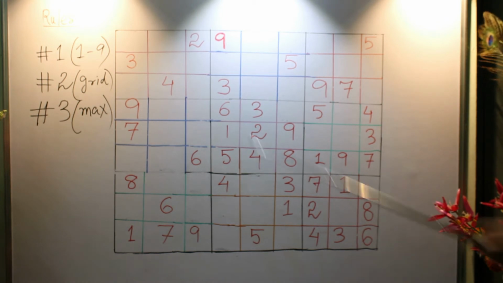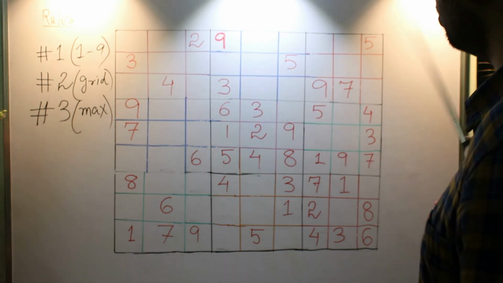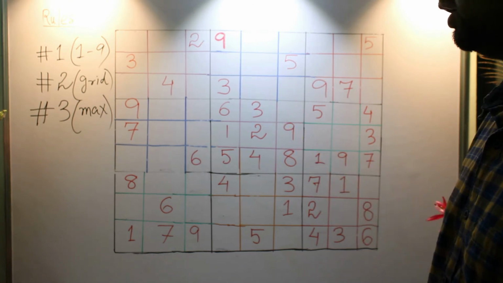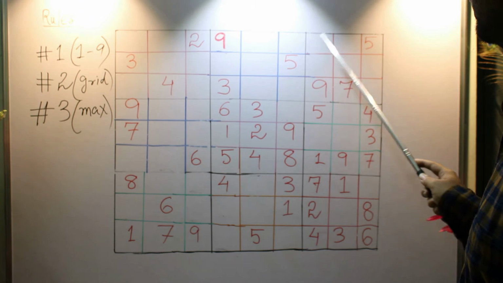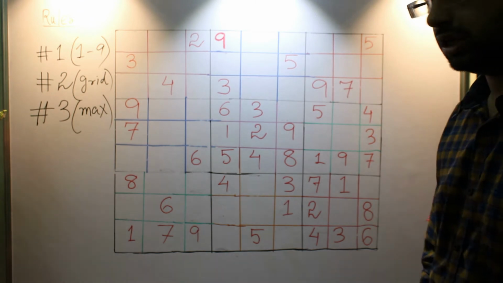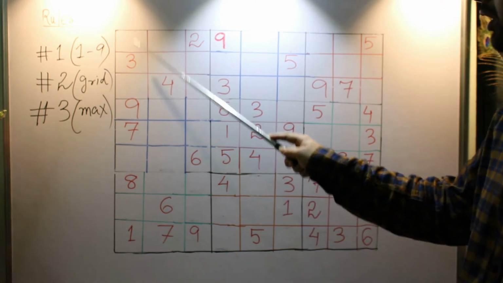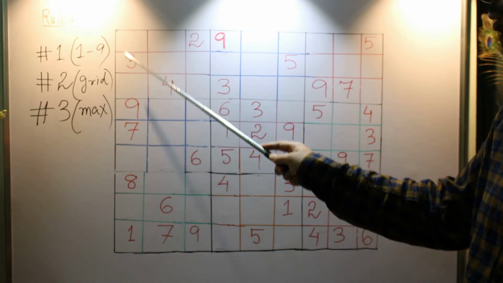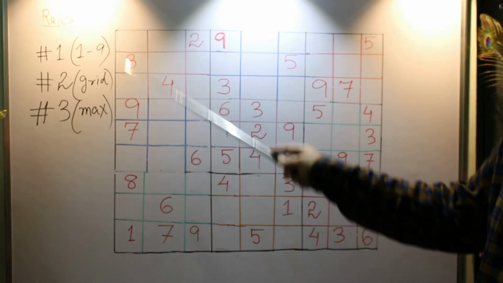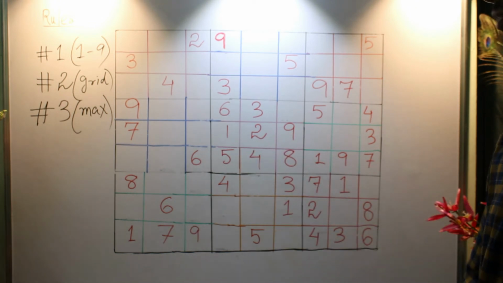For example, for this given row, 2 is already there, so you cannot place any other 2 in these boxes. Similarly, for this given column, 7 is already there, so you cannot place 7 anywhere in this column.